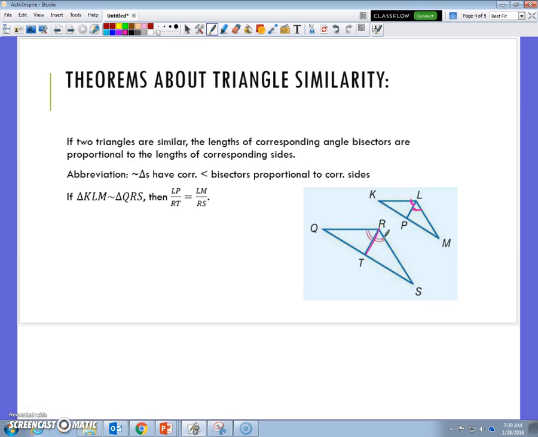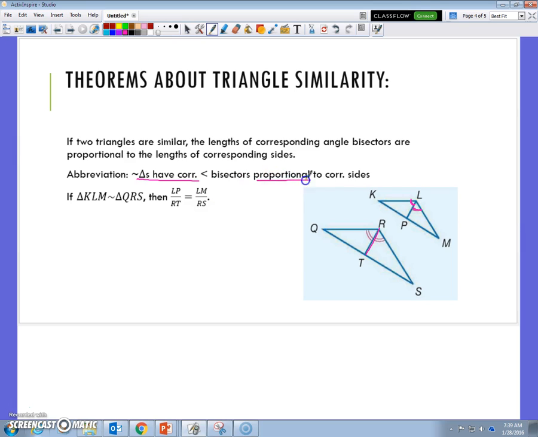Okay, so if we're talking about a similarity statement, we can say that these angle bisectors, RT and LP, when you compare those, they have the same ratio, follow the same scale factor as LM to RS. All right, and once again, it's not the theorem of angle bisectors. There's no fancy name for it, so we're just going to have to use abbreviation for this one. It says similar triangles of corresponding angle bisectors, proportional to corresponding sides.